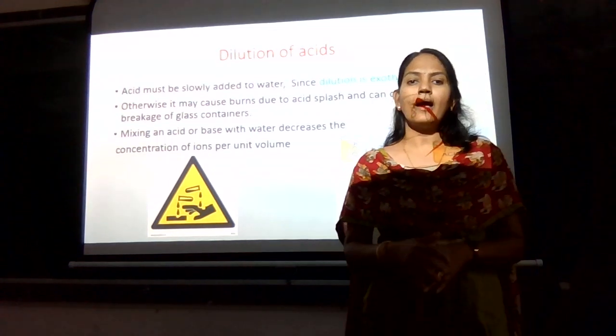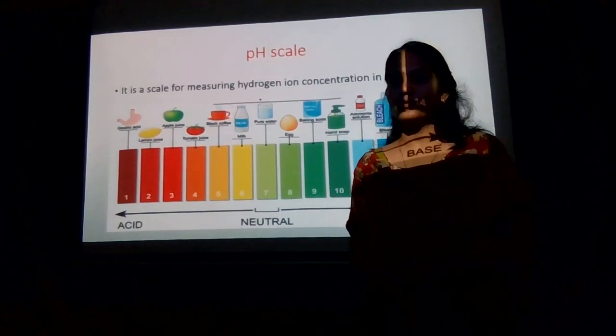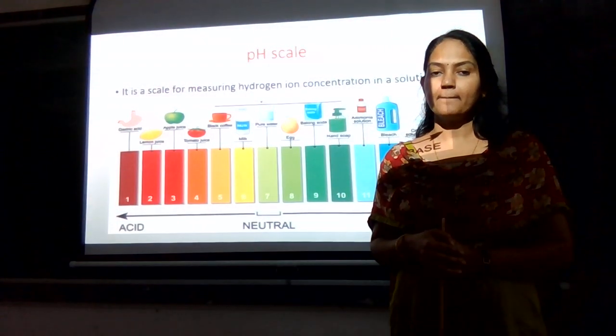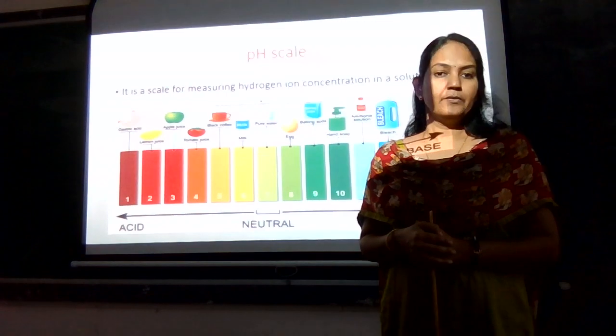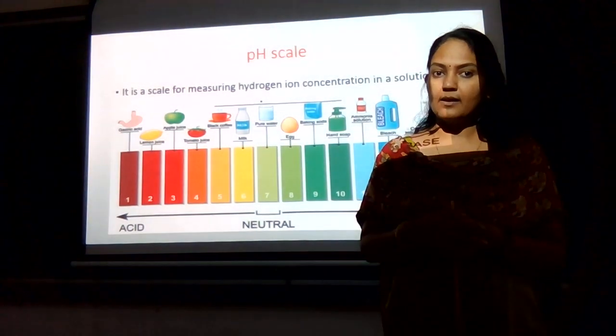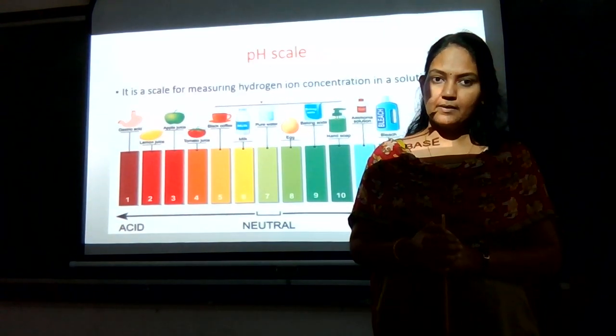Now, if you have two or more acidic solutions, can we compare them by using a pH scale? Litmus paper will turn red if you dip it in a stronger acid or weaker acid.